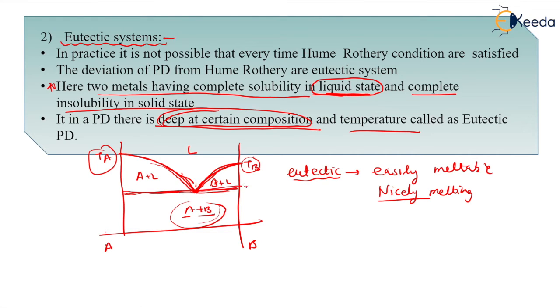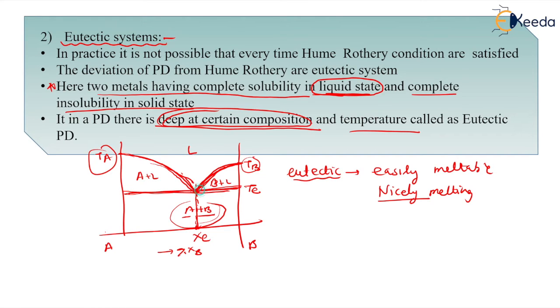This is the eutectic temperature TE, and the composition at this point, suppose this is percentage of X in B, is the eutectic composition. I will write here X E. This is how we can understand whether the system is eutectic or not. You can find that from the liquid there is a sudden dip in temperature at a certain composition.